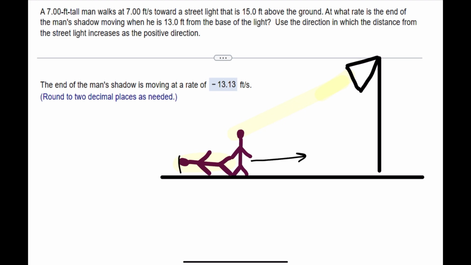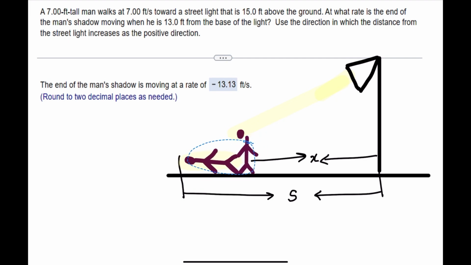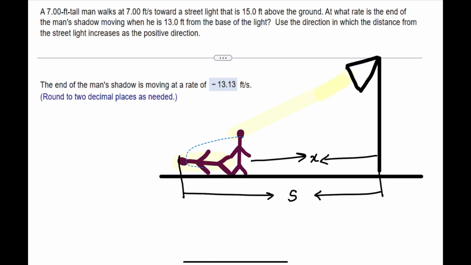So from the edge of the shadow to the street light, let's just say this distance is S. And let's just say this distance is X. And we already know that as X changes, S also changes. And we've seen that, right? When S is changing, X is also changing, right?